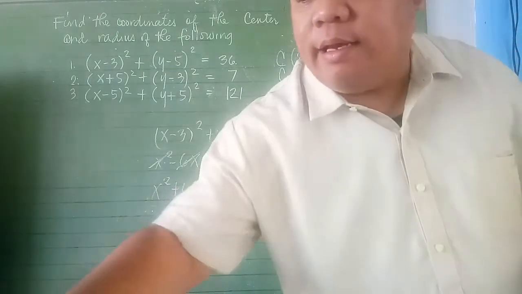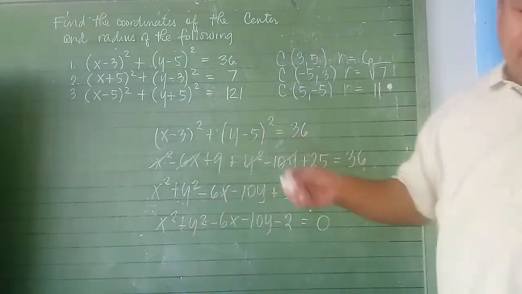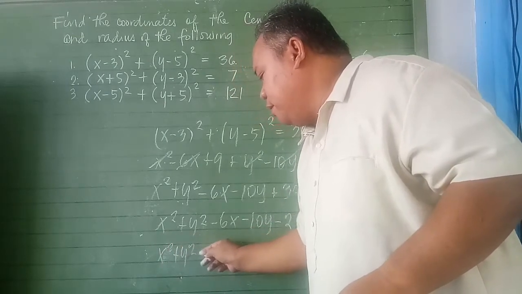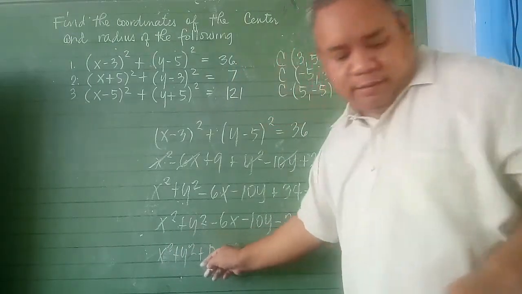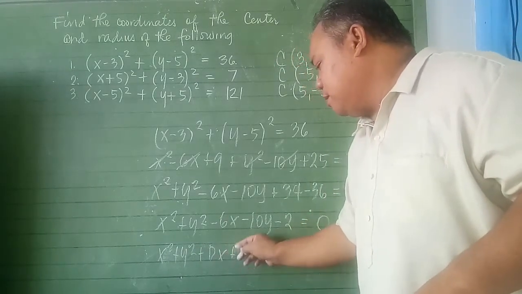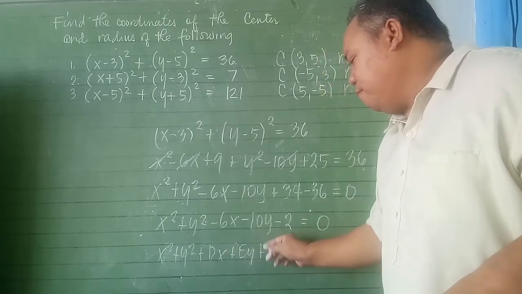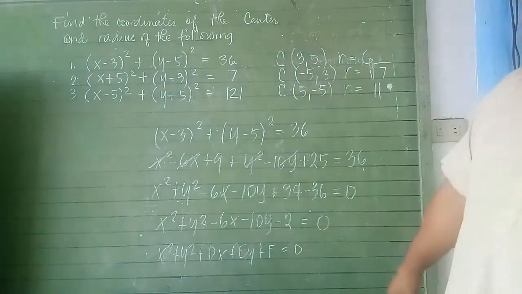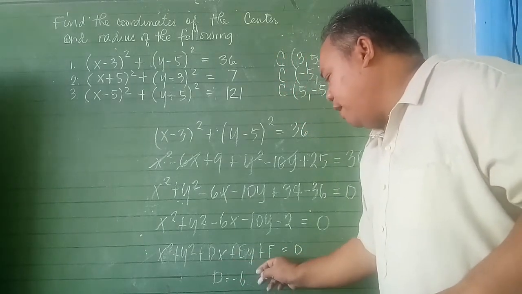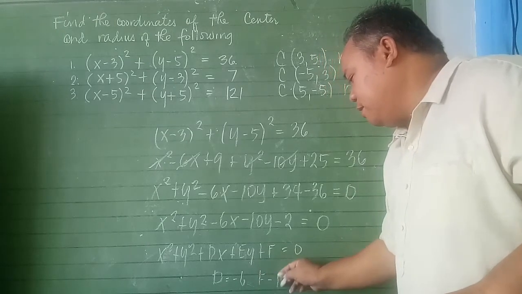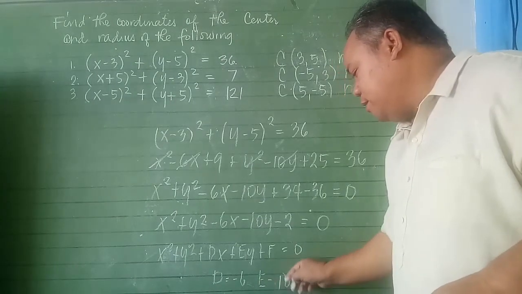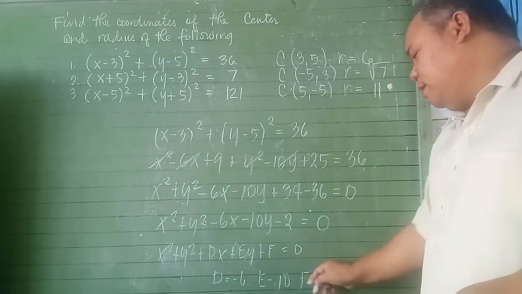Remember again, this is the general form: x squared plus y squared plus dx plus ey plus f equals 0. Here, we can say that the value of d is negative 6, the value of e is negative 10, and the value of f is negative 2.